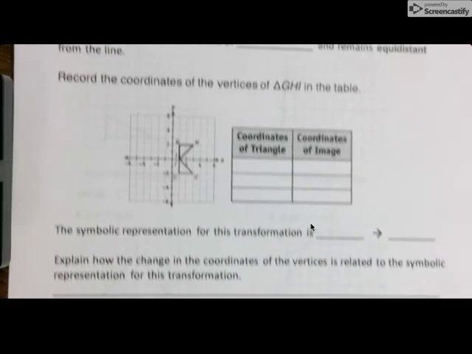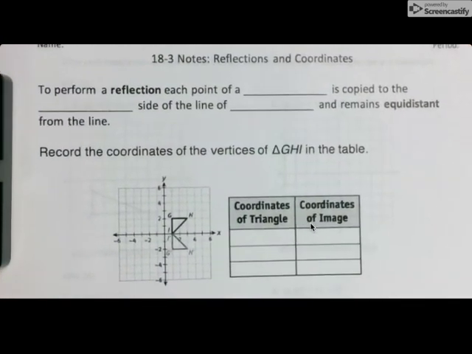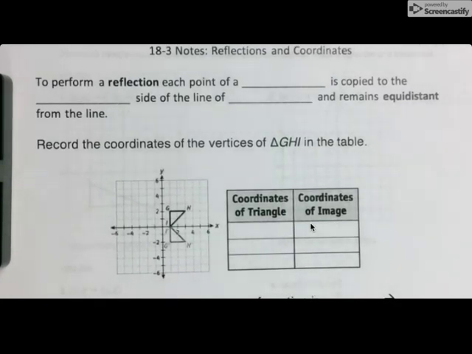Now, we are going to switch to the type of transformation we are doing from translations to reflections.